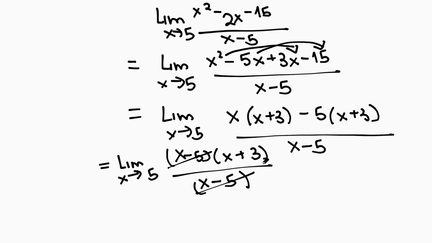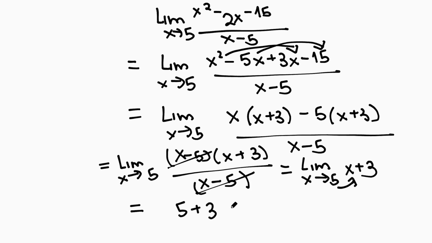And obviously, x minus 5 will cancel each other out. And what I end up with is just x plus 3. And it is now very simple. Plug 5 into the function, and what I have is just 8.